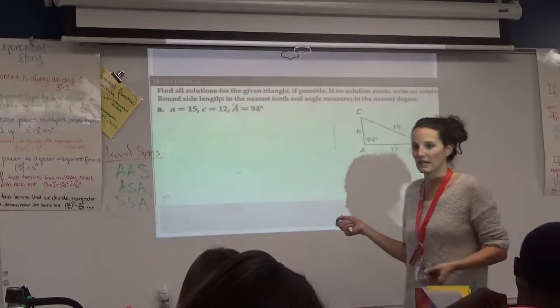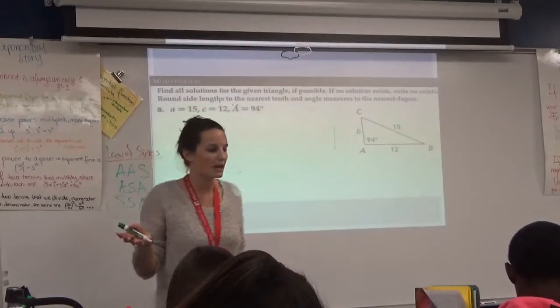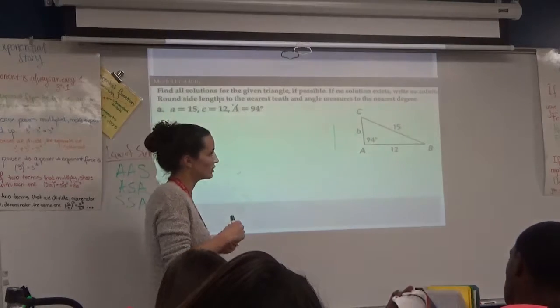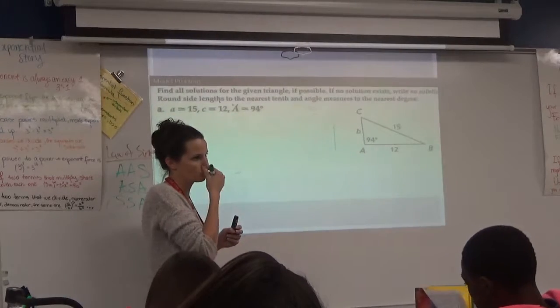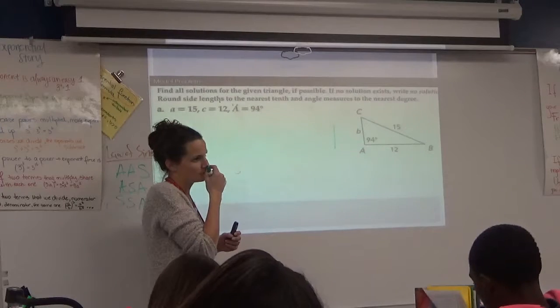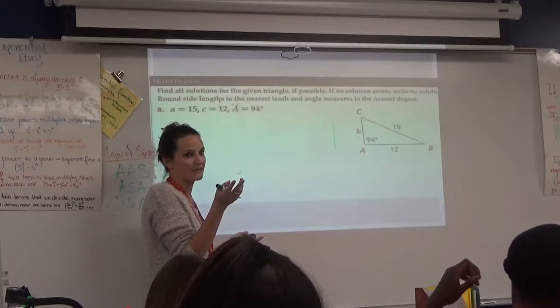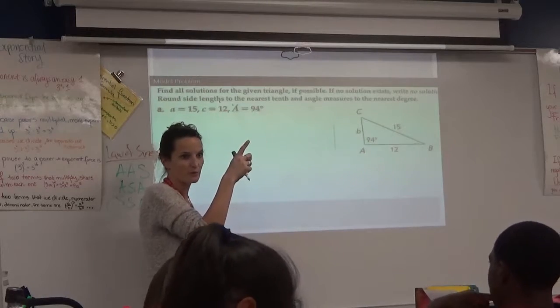If I set up law of sines, what pair of angle and side, Cleo, do we know? What can we start off with? Angle A and side A, right? We've got 94 degrees and across from it we've got a side.